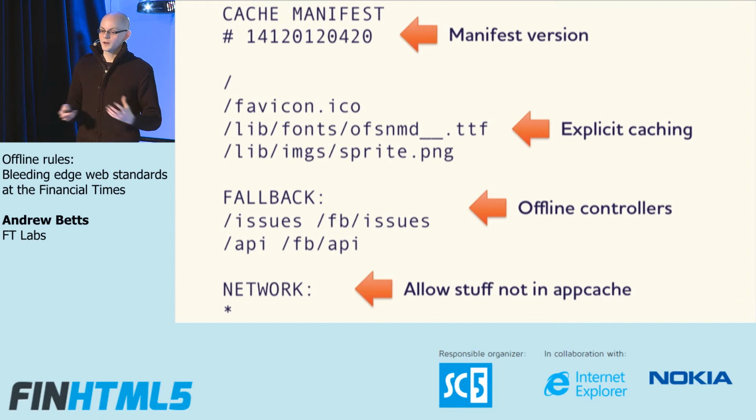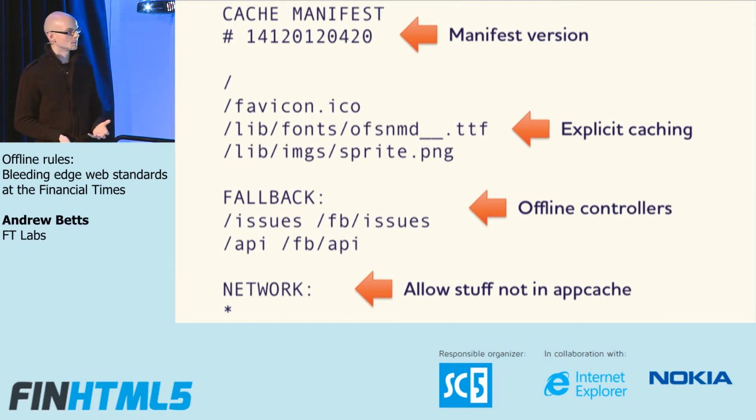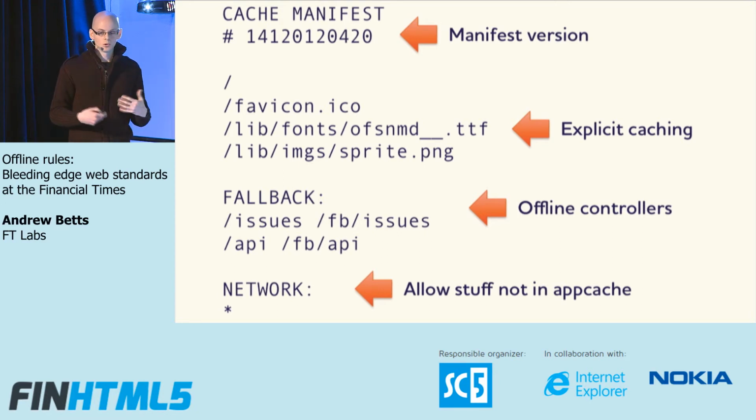So this deals with your 5 million URLs scenario. Rather than listing them all in your app cache and making it impossible to download the whole thing, you list just a prefix, and you say, any URL that starts with this prefix, load this resource, and you just store one single resource to do that. So that resource clearly will not contain the content of that article, but it will contain an empty bootstrapper that we can use to turn into that article page.